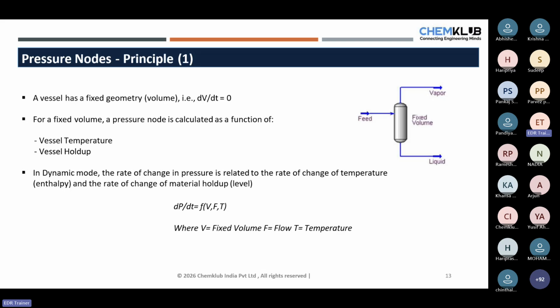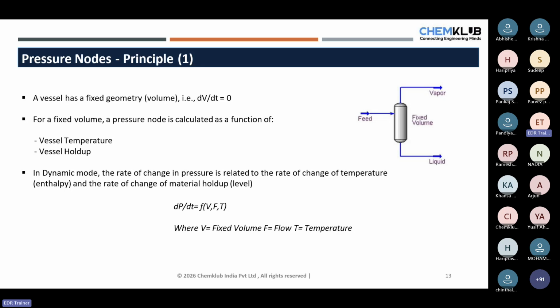Since we have a fixed volume of the vessel, and there is a change in the inventory within that particular node because of the temperatures and the material, and maybe because of the thermodynamics, maybe more vapor generation because of the high temperature, it will exert a pressure into the system.